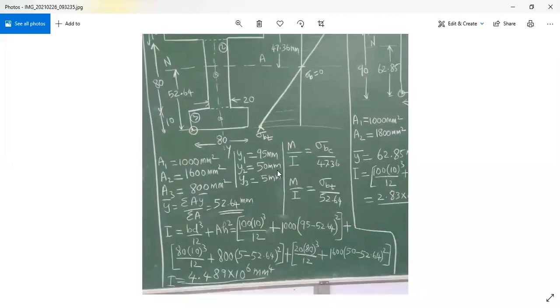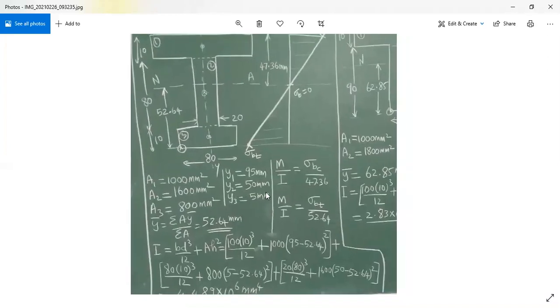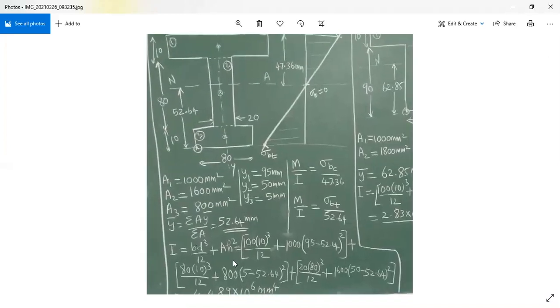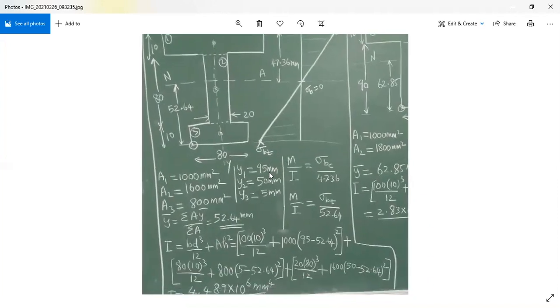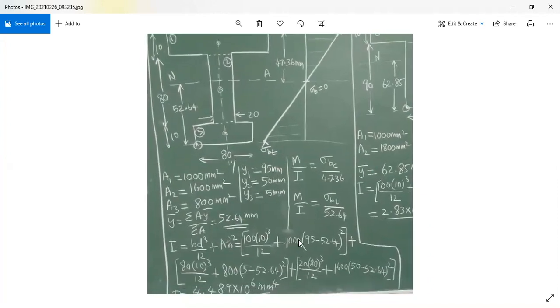Now this is our neutral axis or x axis. Now we have to determine the I value. So BD cube by 12 plus area into distance square. For section 1, 100 into 10 cube by 12 plus the area 1000 into y1 minus y bar the whole square, plus similarly section 3, 80 into 10 cube by 12 plus 800 is the area into y3 minus y bar the whole square.